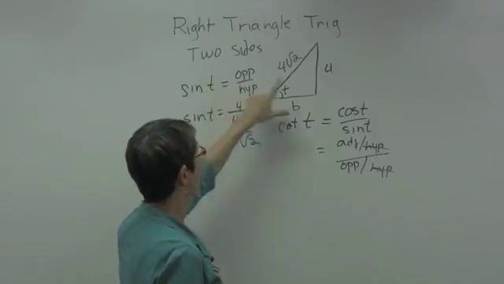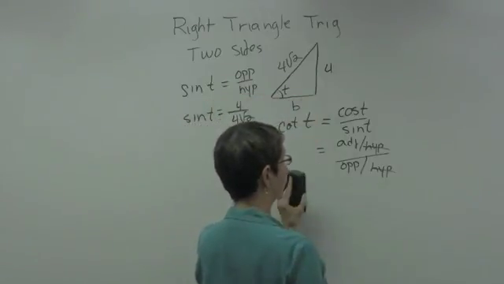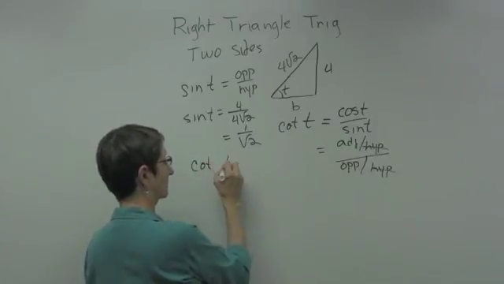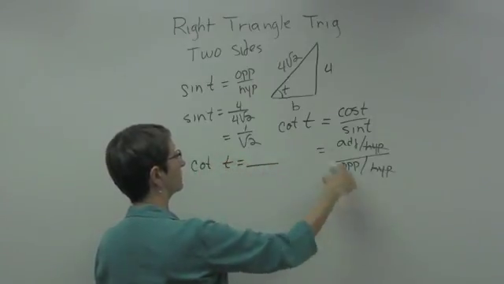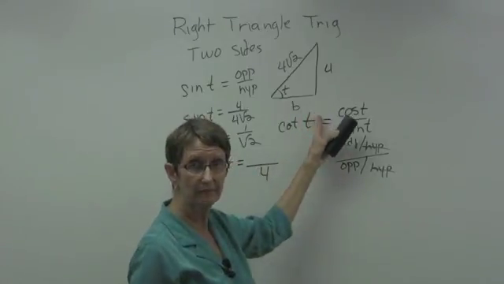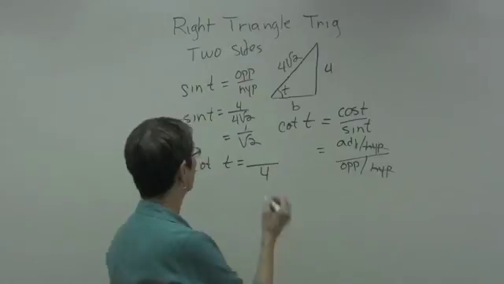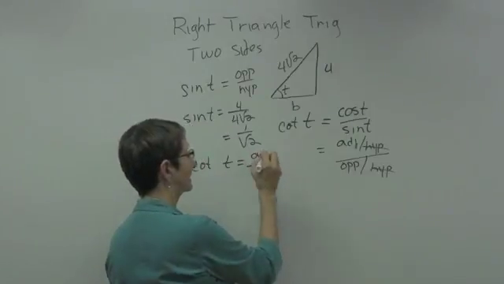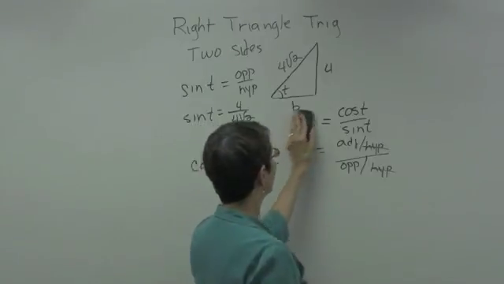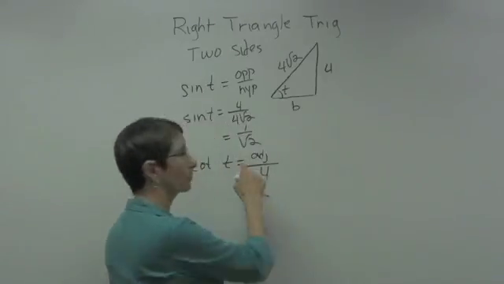I've already got the opposite is 4, but I don't know the adjacent side b. I need to find that, and then I'll know what to put in the numerator of my cotangent.